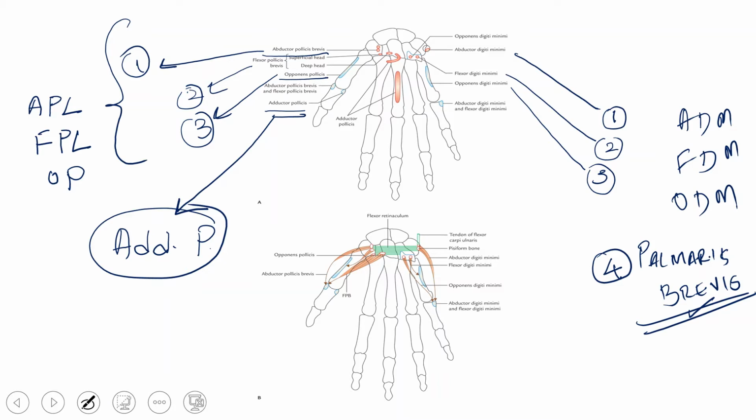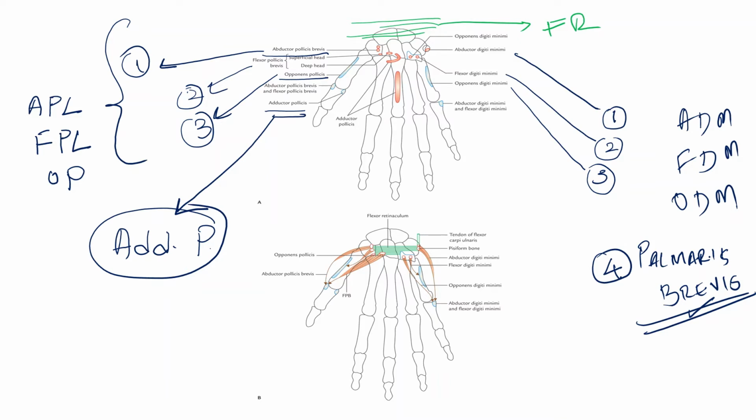The flexor retinaculum, which is covering the wrist, gives the origin to all the hypothenar and the thenar muscles from its medial and lateral distal border. So all the muscles have a common origin from the flexor retinaculum. One by one, we'll move on to the attachments.